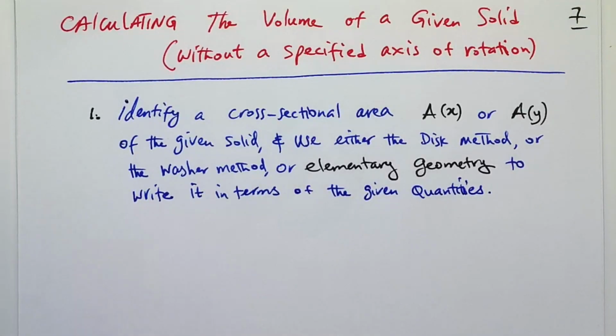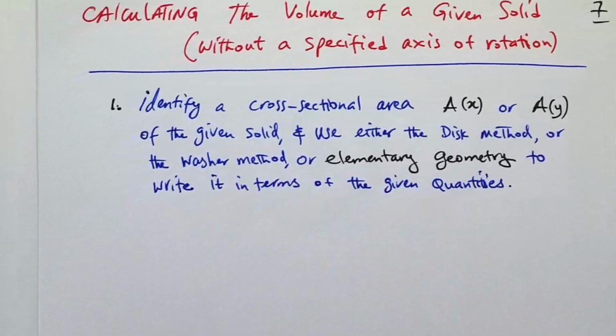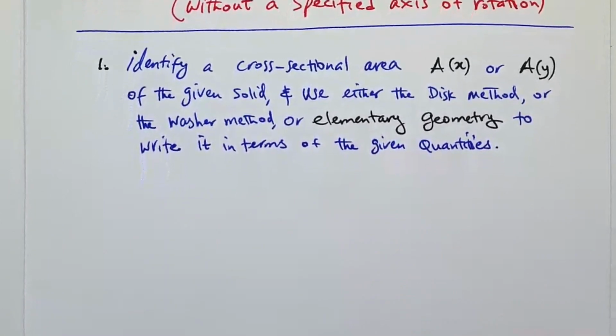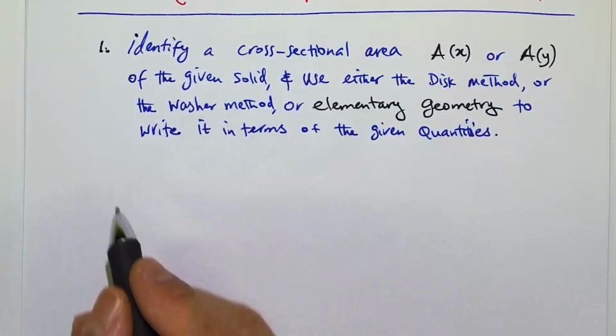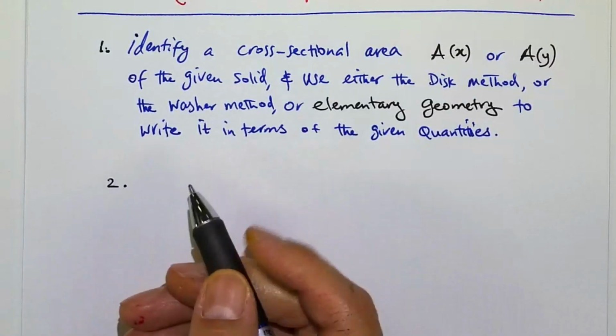Okay. Then once we have that cross-sectional area, the hard work has been accomplished. So all we have to do then is integrate it.